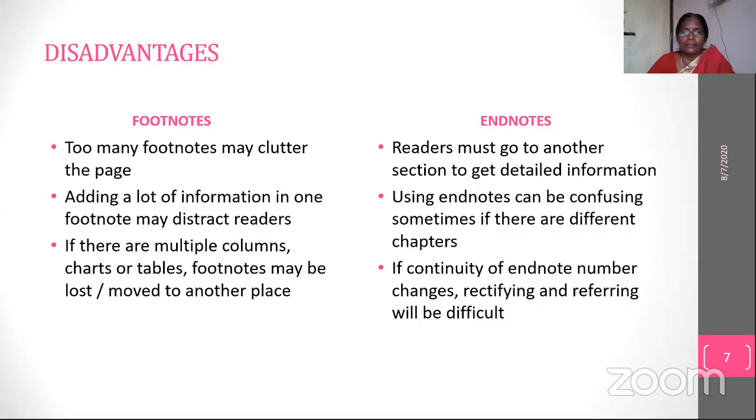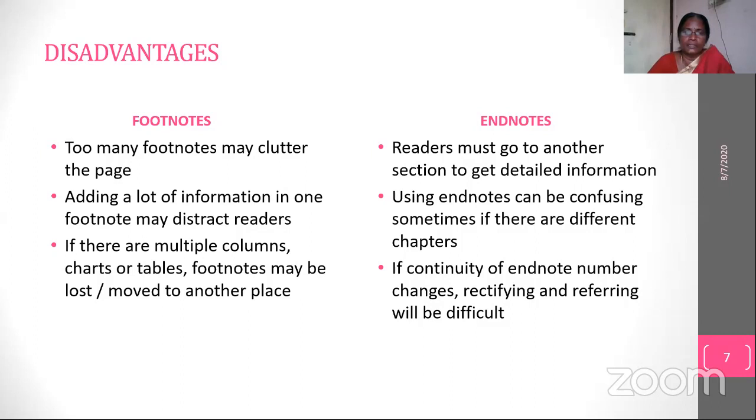Similarly, the content, the text as well as the references are segmented into two. Using endnotes can be confusing sometimes if there are different chapters. Another one is if the continuity of the endnote numbers changes.